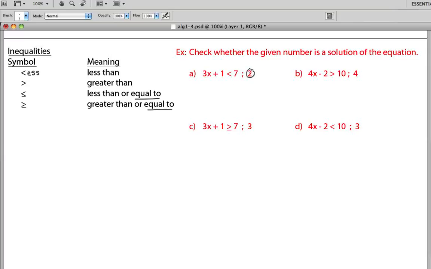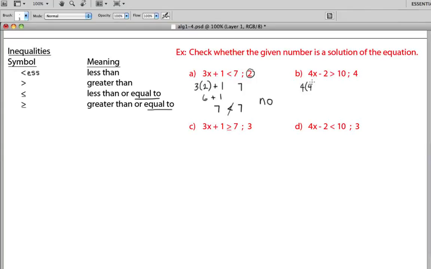So the first one, I'm going to plug in the 2, and you'll notice that this one is similar to the one above. I'm going to bring down this symbol and ask the question, is 7 less than 7? And the answer is obviously no. Over here, I'm going to plug in this 4.